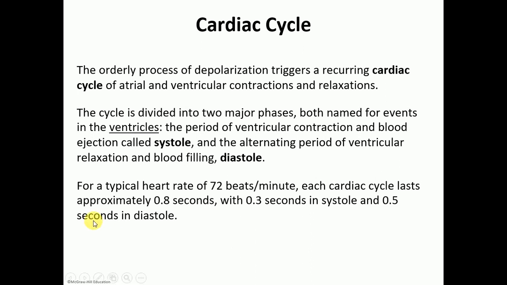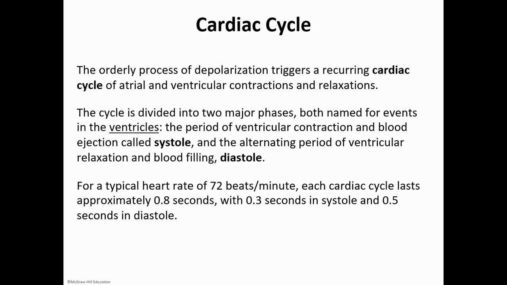So when we talk about the cardiac cycle, now we're going to be talking about it in terms of ventricles. When we say systole and diastole, we by default mean ventricular systole and ventricular diastole, even though I don't specifically say ventricular. Our heart beats on average 60 to 90 per minute, but at rest it's about 72 beats per minute.